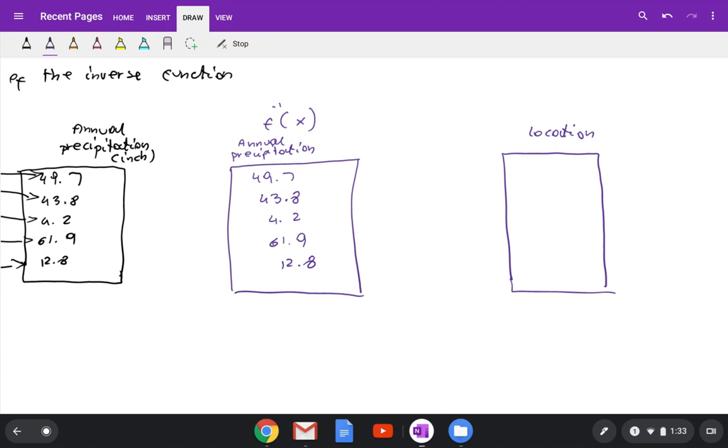Okay, so we have Atlanta, Boston, Las Vegas, Miami, and Los Angeles.